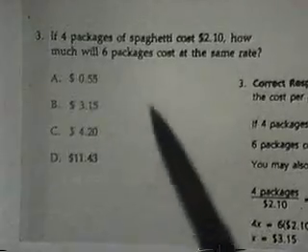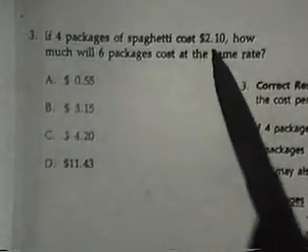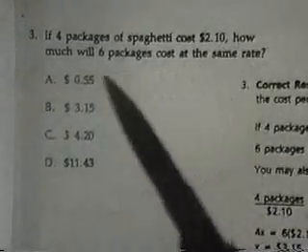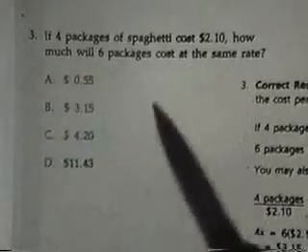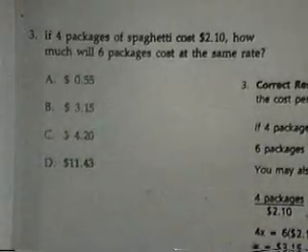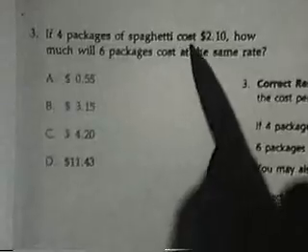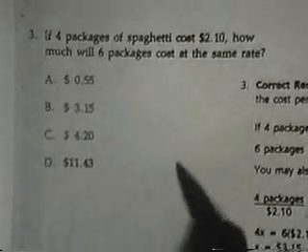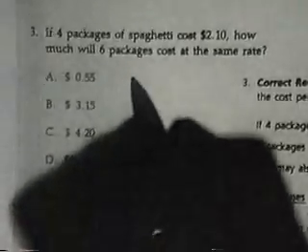says if 4 packages of spaghetti cost $2.10, how much will 6 packages cost at the same rate? And that's package cost, package cost. So hey, we might use that as a ratio proportion.